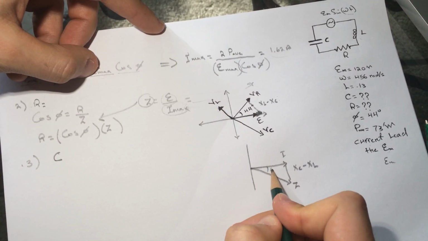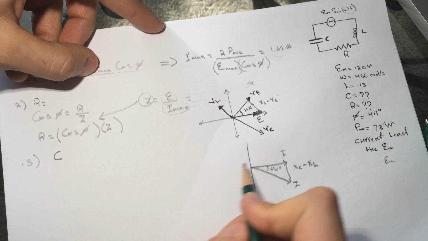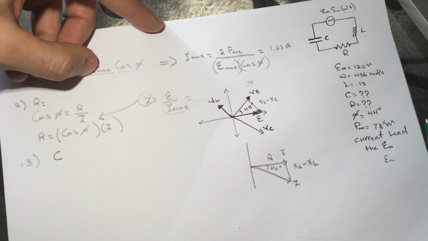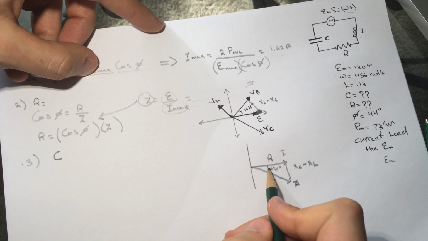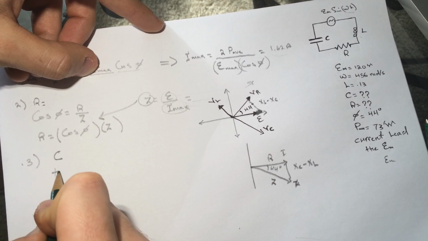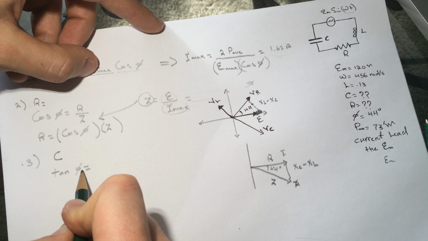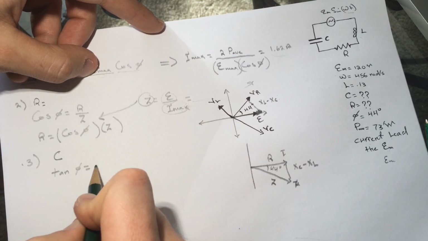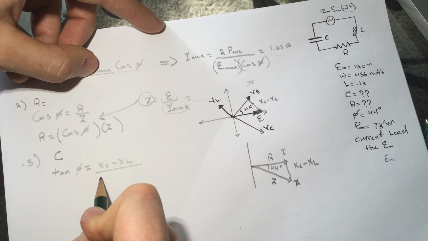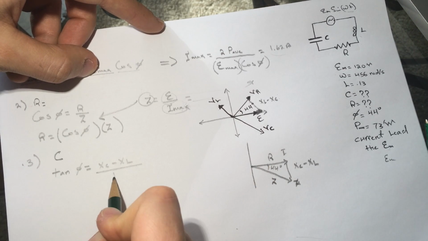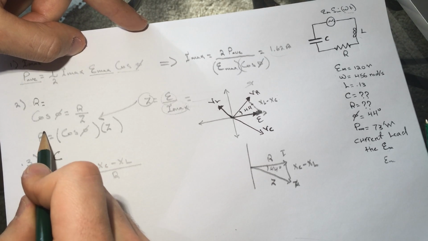So we have this 44-degree angle, and this is the R. This Z is here. So we can use the tangent of phi equal the XC minus XL over the R. And the value of R, we have it from the previous question.